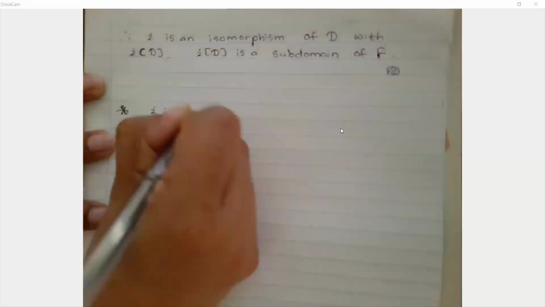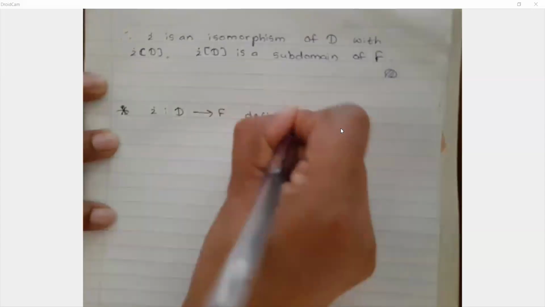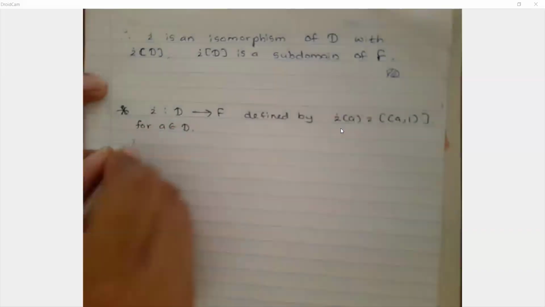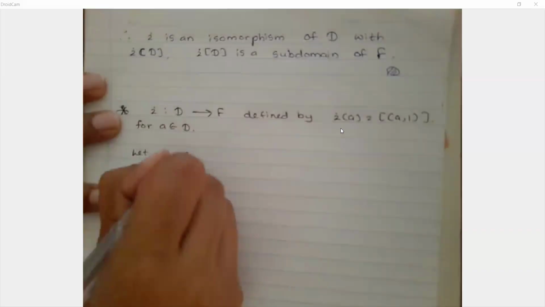For this particular mapping I, which is from D to F, defined by I of A equal to the corresponding equivalence class, for A in D. Now, if you take that A, B elements in D.